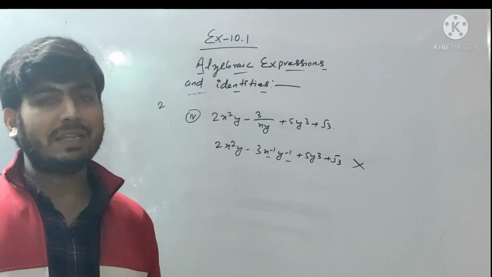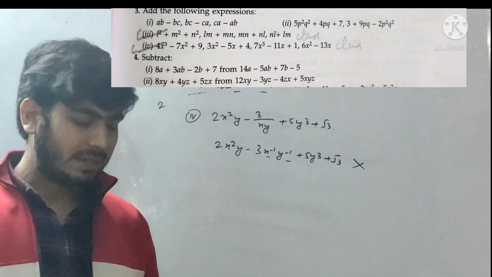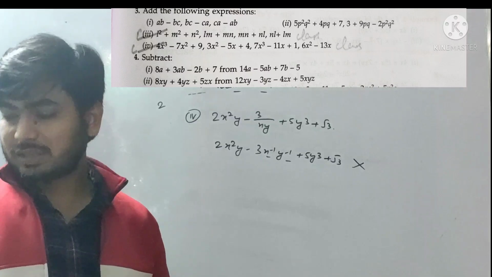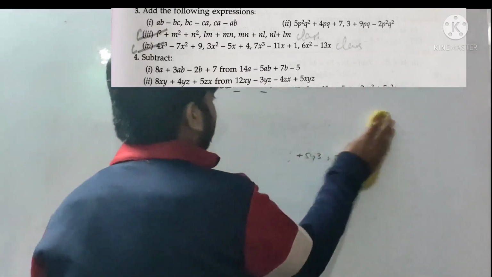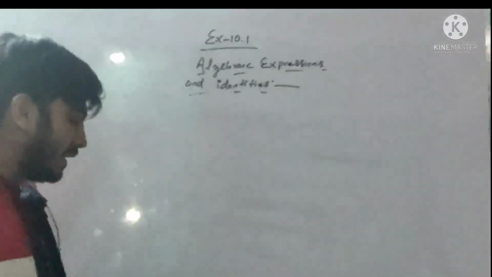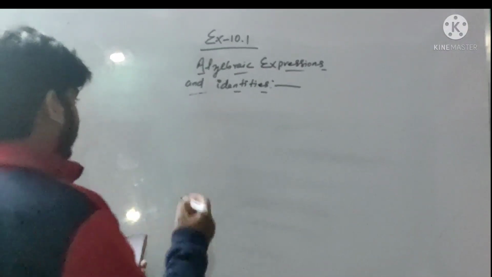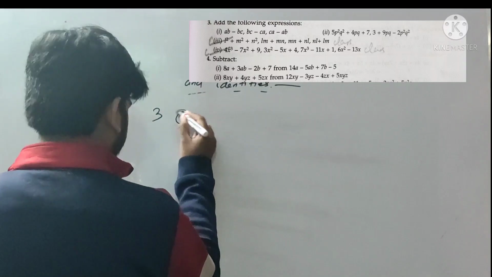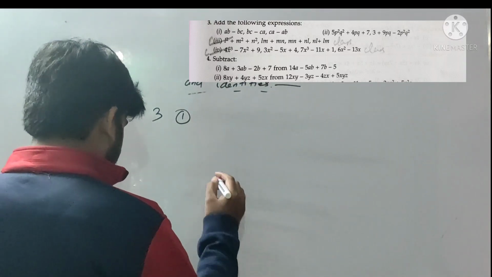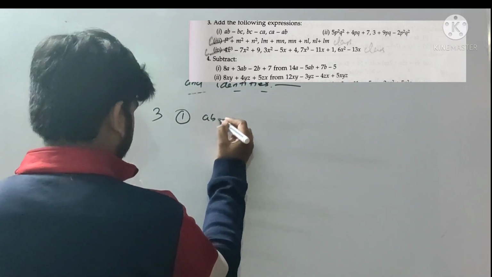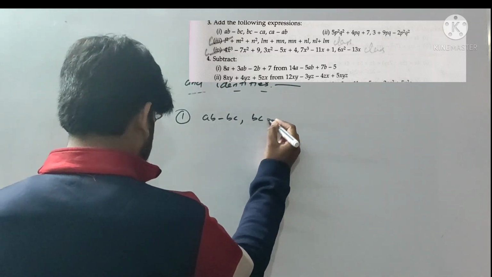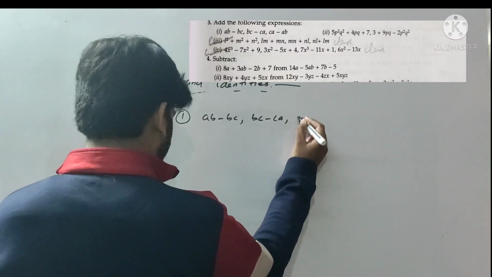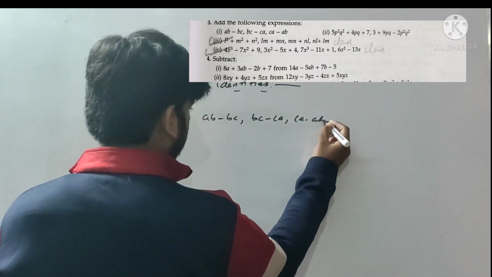Now question number 3 on the screen. Given that, add the following expressions. So in this question, we have to add the following identities. Question number 3.1: add AB minus BC, BC minus CA, CA minus AB.